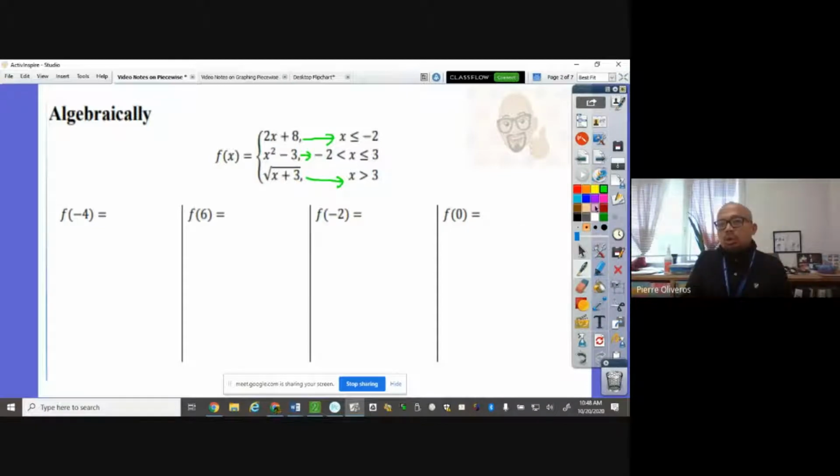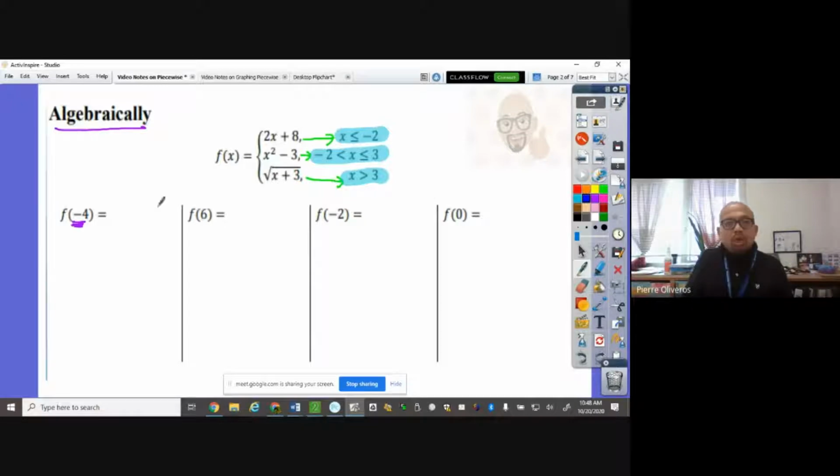Okay, so how do we evaluate it algebraically? f of -4 is the value of x there. The question here first is, where does the -4 fall based on the interval? Is -4 less than -2, between -2 and 3, or greater than 3?